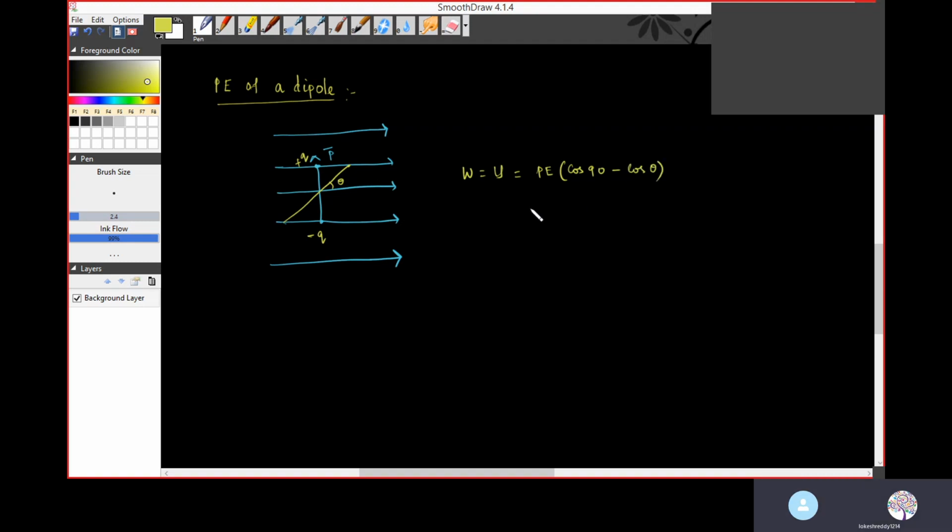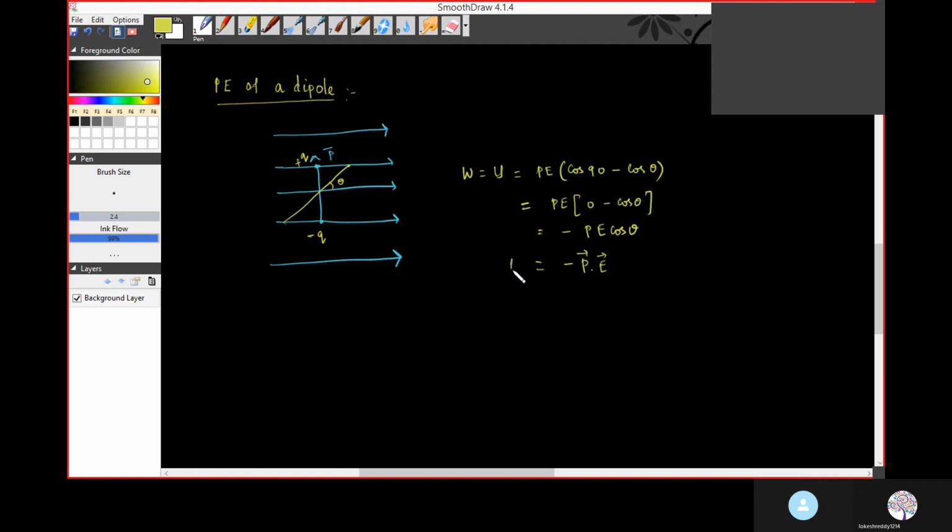That is equal to minus PE into cos 90 is 0, so 0 minus cos theta. So that is minus PE cos theta. I will write it as minus P dot E.